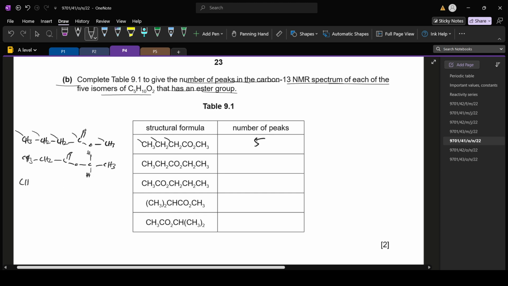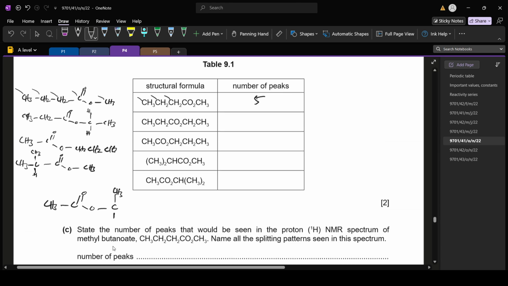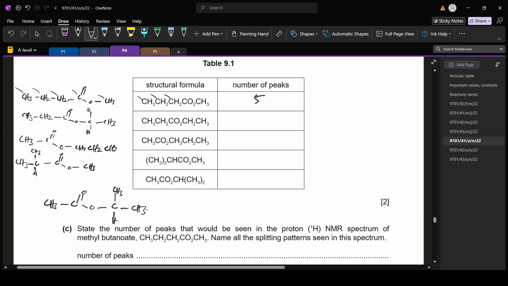And let's draw the structure of this as well: CH3C double bond O, CH2CH2CH3, and then this CH3 plus CH3C double bond O, CH3, and then finally CH3C double bond O, CH, CH3.